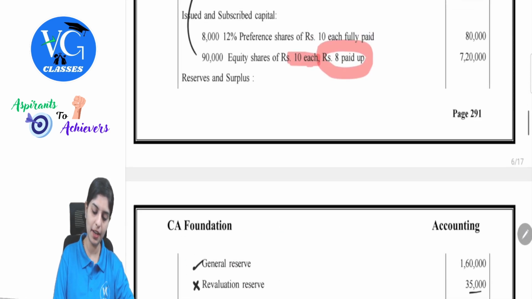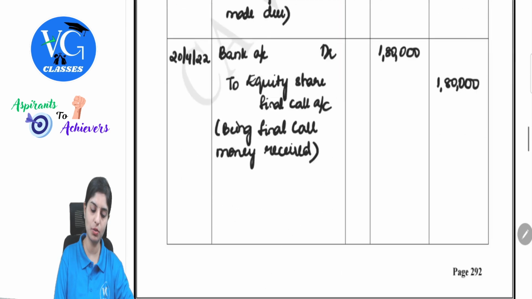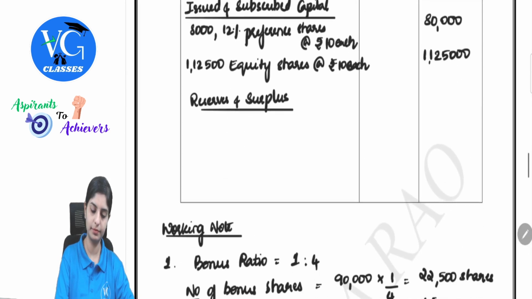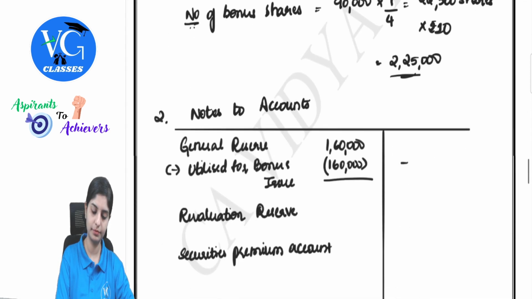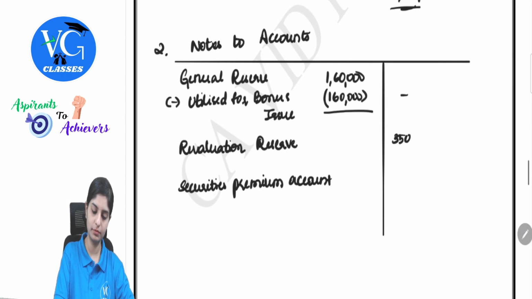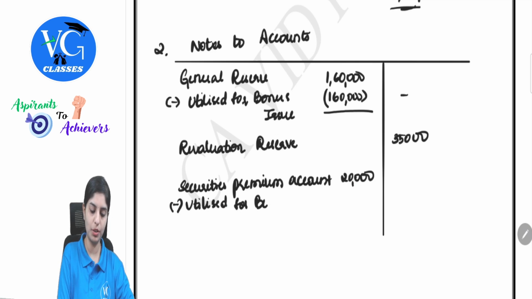Revaluation reserve is 35. Securities premium is 20,000. We have utilized this completely for bonus issue, 20,000. So nil.